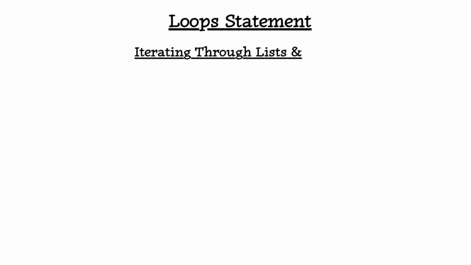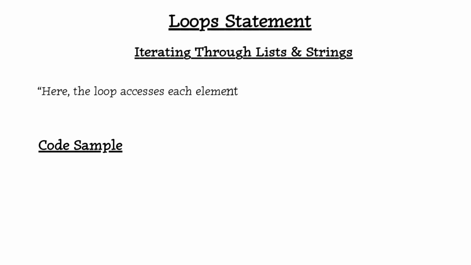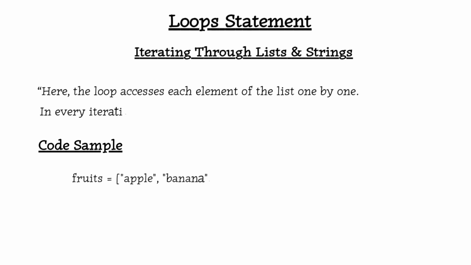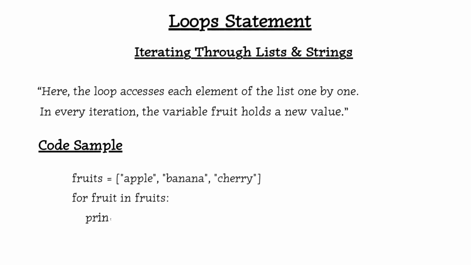Let's now see some more details about the for loop. A for loop is not only used to iterate over numbers. We can use it along with a list, string, or any iterable object. Here I have shown a small code snippet on the screen. I have written fruits equals apple, banana, and cherry.